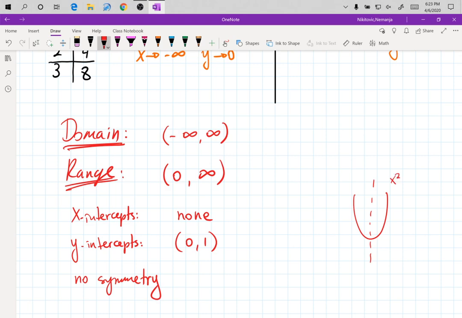There is a symmetry right there. If you draw the x cubed graph, it's symmetric about the origin. So there are certain symmetries that we can have in mathematics. This one has no symmetry.